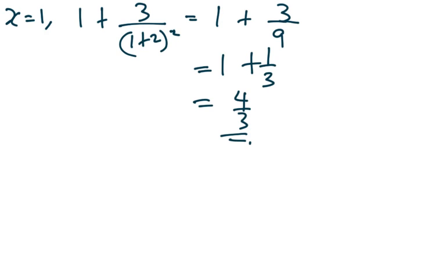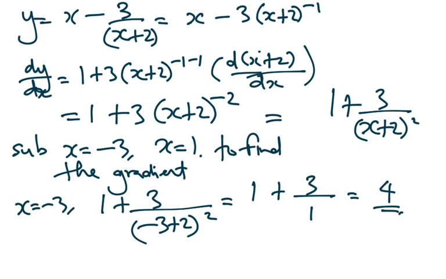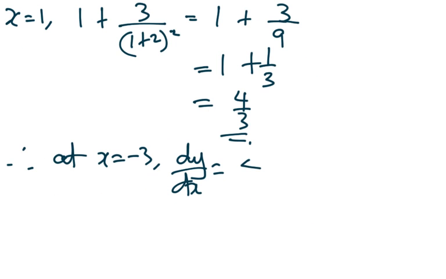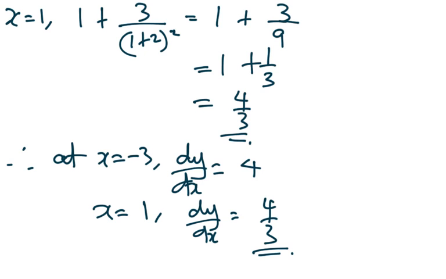That's it, your gradient is 4 over 3. So the answer is at x equals negative 3, your dy/dx, your gradient, equals positive 4, and at the point where x equals positive 1, the gradient is 4 over 3. Okay, thank you.